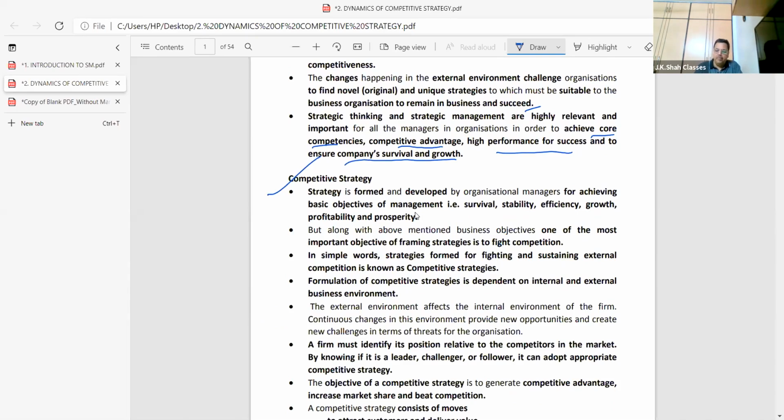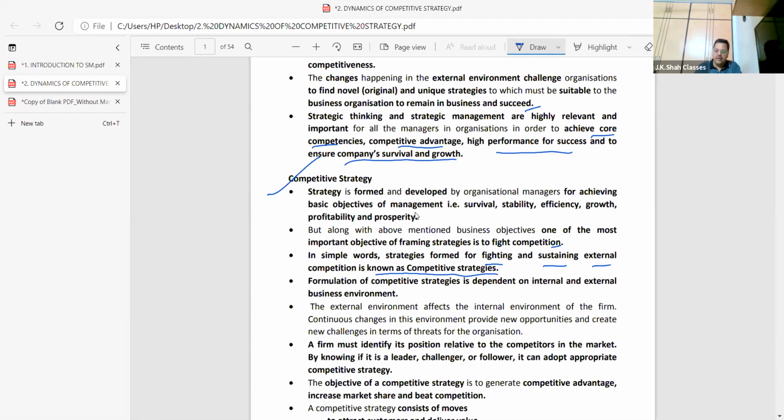Strategies formed and developed by organizational managers for achieving objectives of survival, stability, efficiency, growth, profitability, and prosperity. But along with the above mentioned business objectives, one of the most important objectives of framing strategy is to fight competition, right? New thing. In simple words, strategies formed for fighting and sustaining external competition are known as competitive strategy.